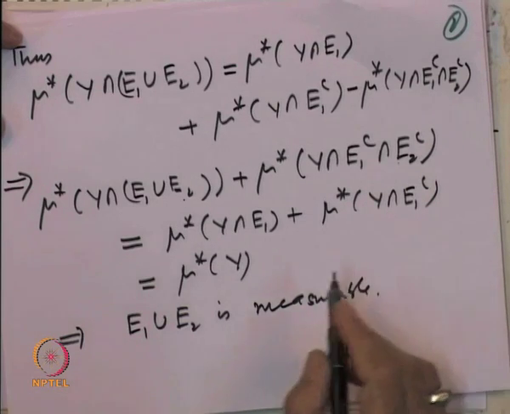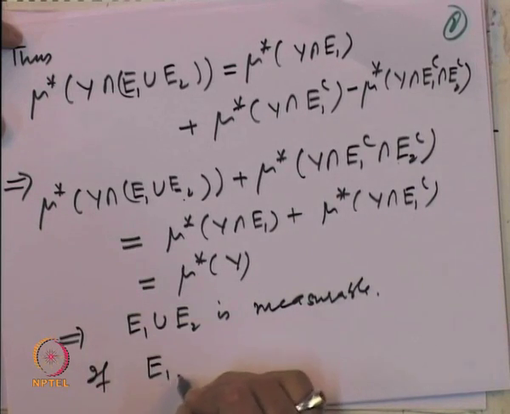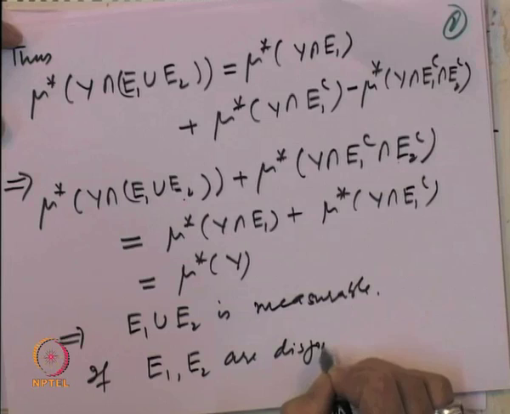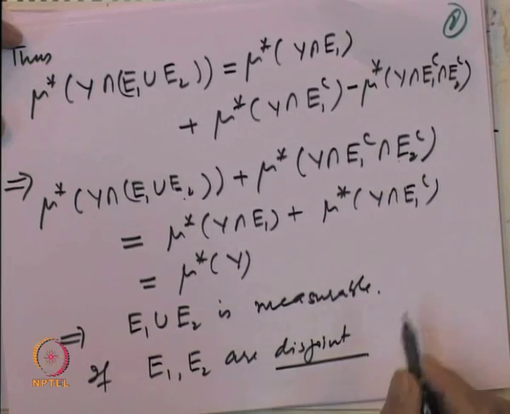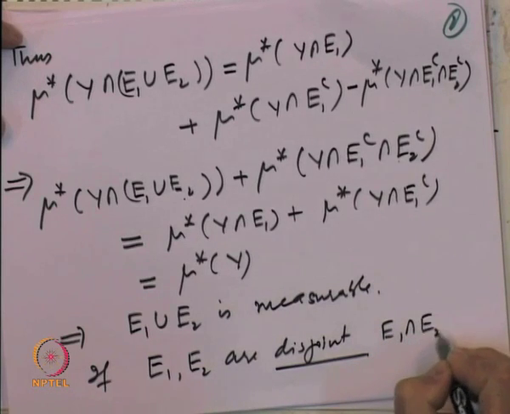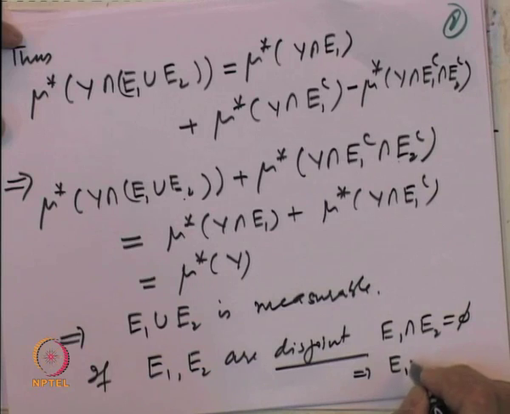And now, for the special case, if E 1 and E 2 are disjoint, that means E 1 intersection E 2 is the empty set, which also implies that E 1 is contained in E 2 complement or E 2 is contained in E 1 complement, either one is true.